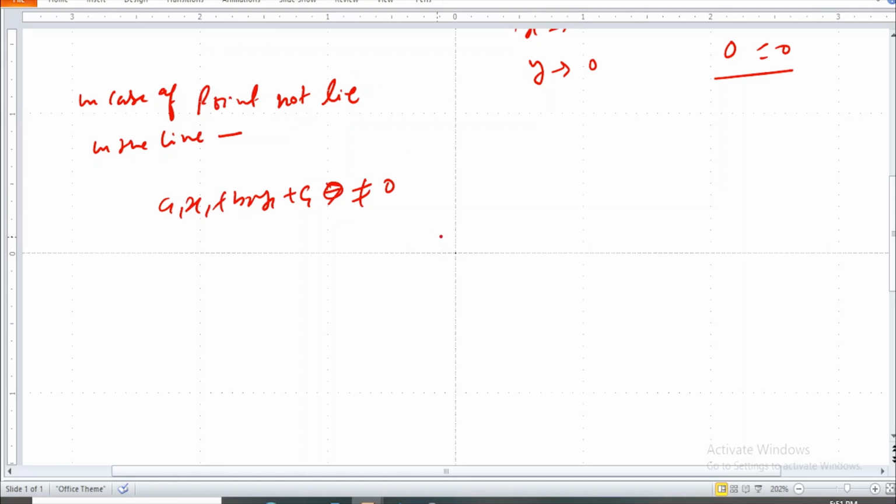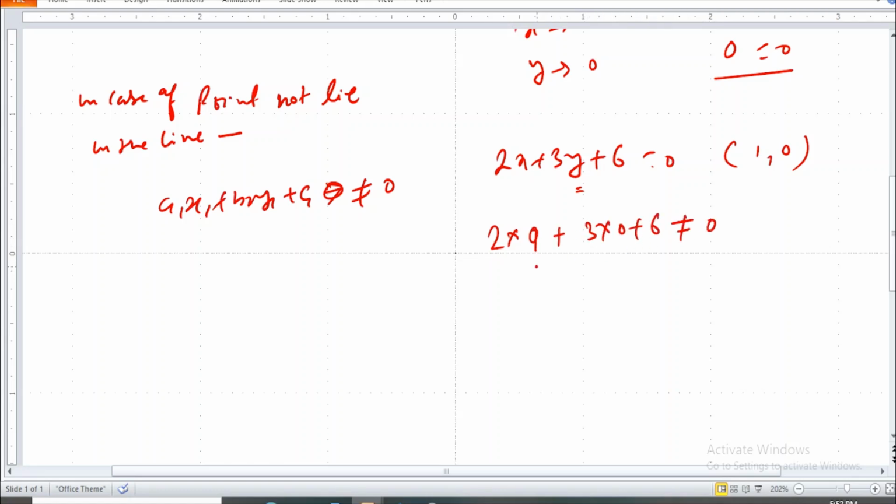So let's see, 2x plus 3y plus 6 equal to 0. Check whether (1, 0) lies in the line or not, right? So replace x with 1 and y with 0. So 2 times 1 plus 3 times 0 plus 6, clearly it is not equal to 0, means the point does not lie on the line, right?